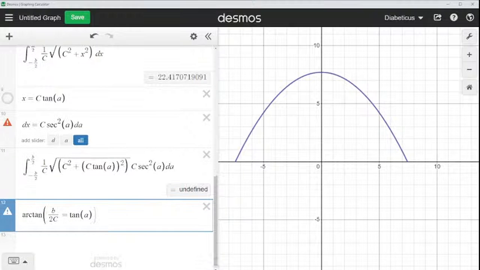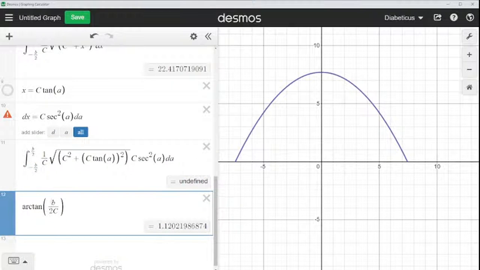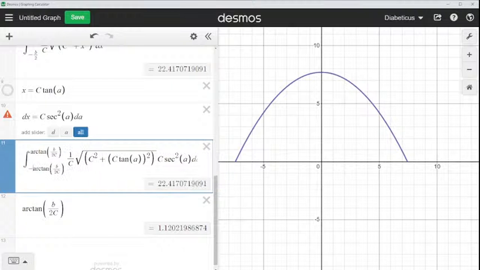Arctan of b over c. Okay, that's one thing there. Now how about negative b halves? That's just the negative part, right? If I take the negative part, it's just gonna be a negative thing instead, without attempting to solve it, right? So just this guy.